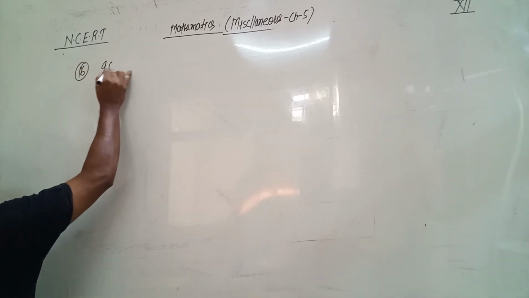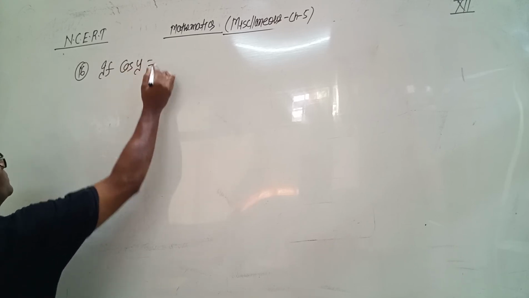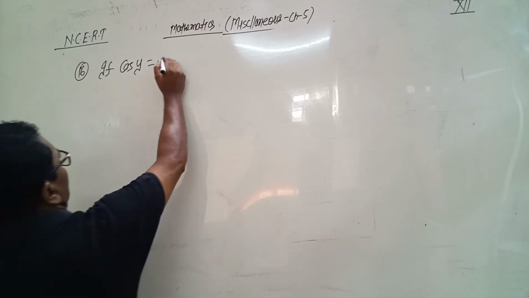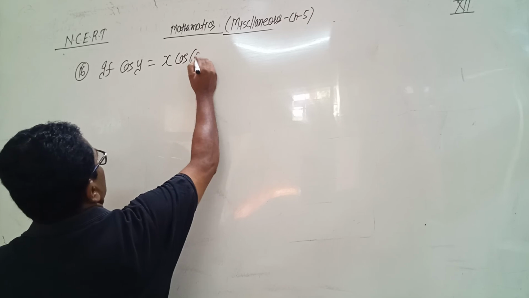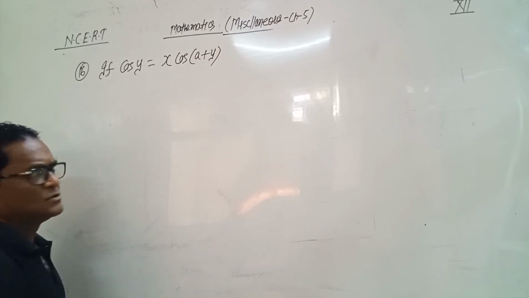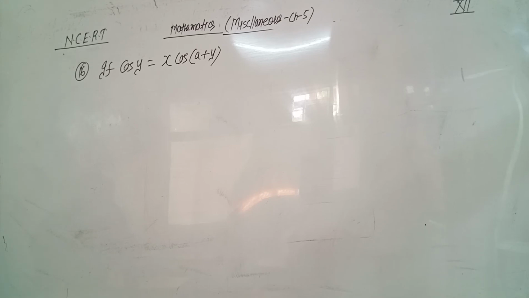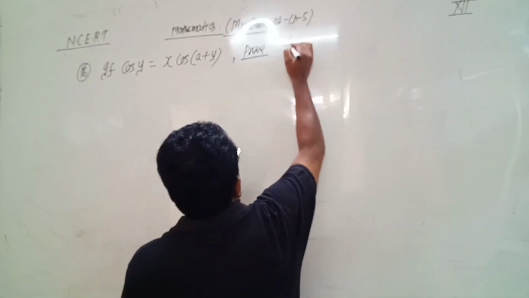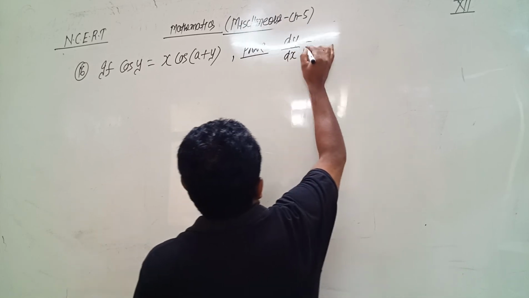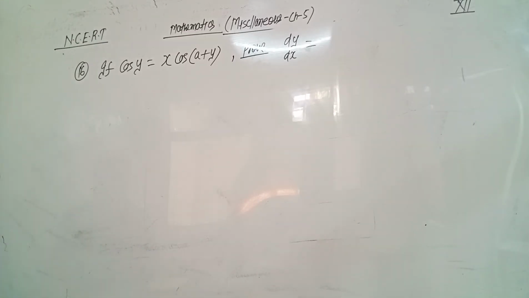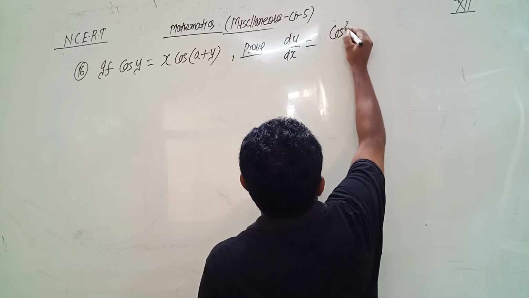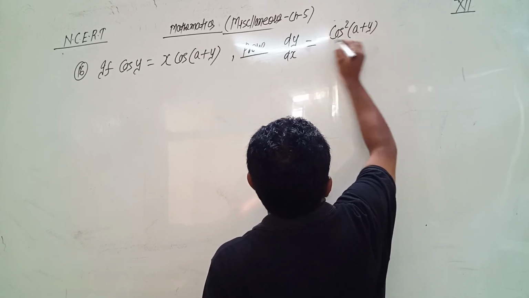If cos y equals x cos(a plus y), then prove that dy by dx equals cos square (a plus y) upon sin a.